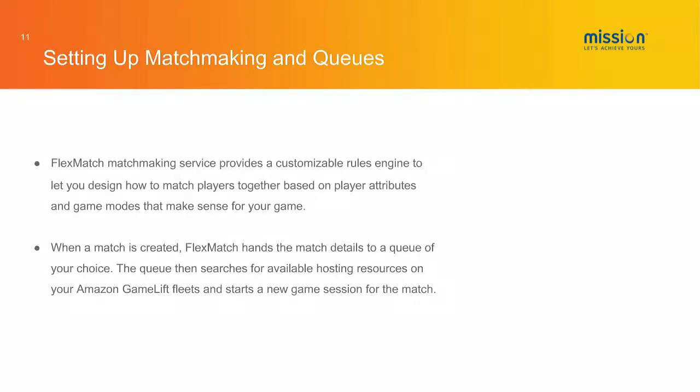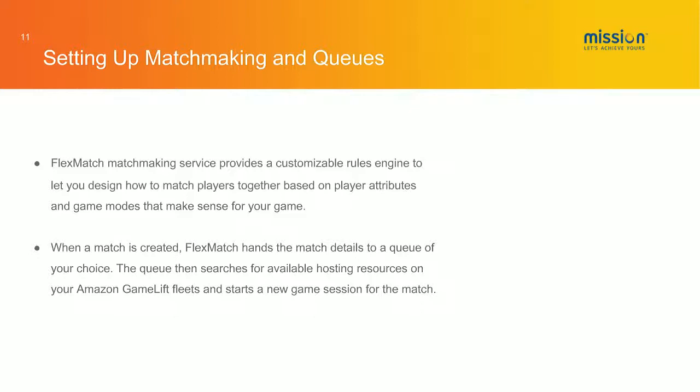So the next section is matchmaking and queues. Matchmaking is, in essence, just a JSON representation of the rules that you want matchmaking to adhere to. The GameLift documentation covers the rule sets and whatnot, but it's configurable to the point where you can base your matchmaking rules around attributes that are unique to your game.